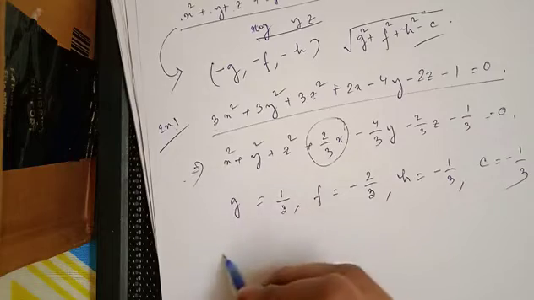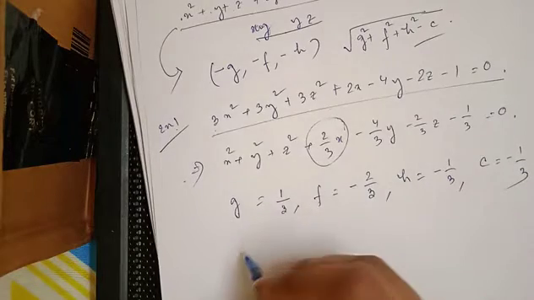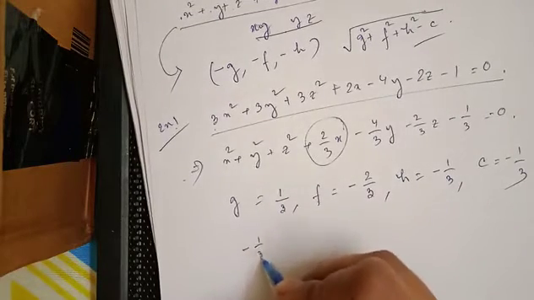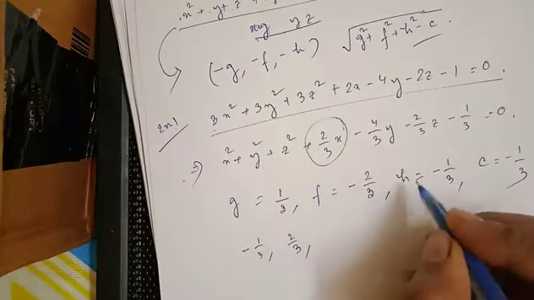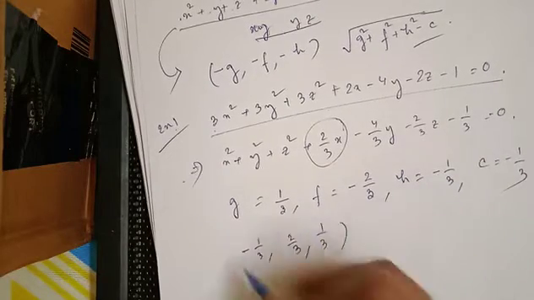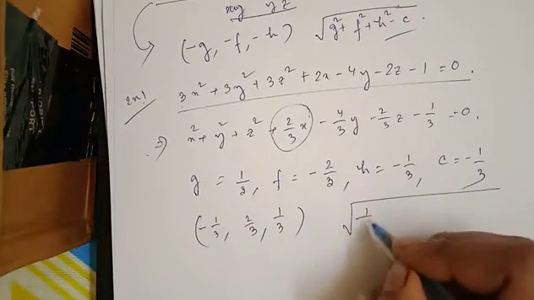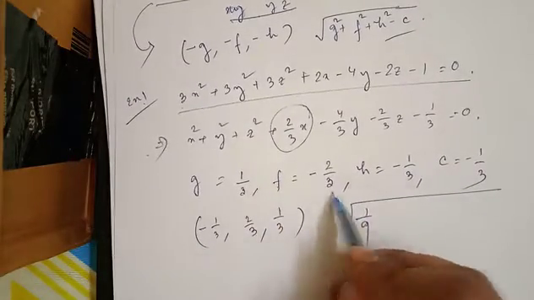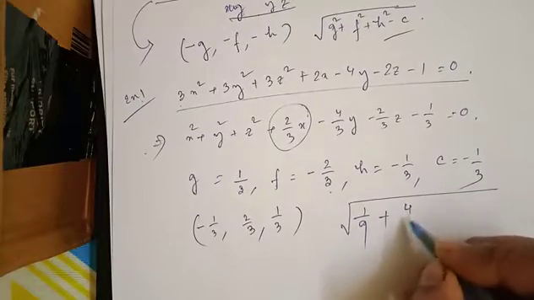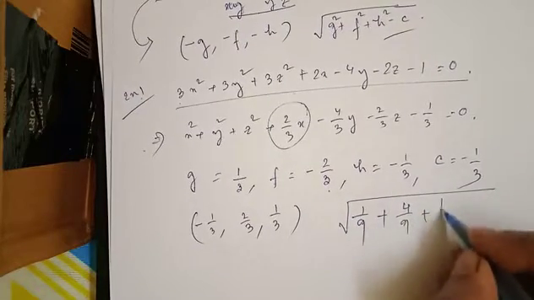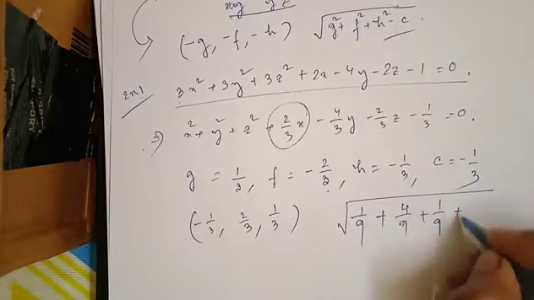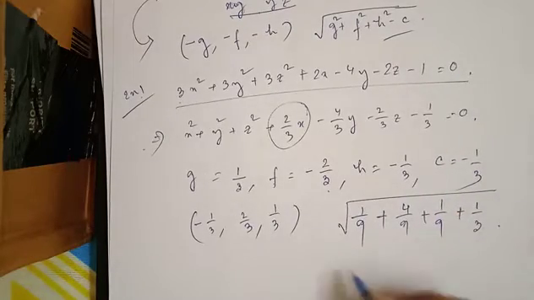So the center is minus g, minus f, minus h. So the center will be (minus 1/3, plus 2/3, plus 1/3). This is the center, and the radius is root over g square, that is 1 by 9, plus f square, that is 4 by 9, plus h square, that is 1 by 9, minus c. So minus minus plus 1/3.